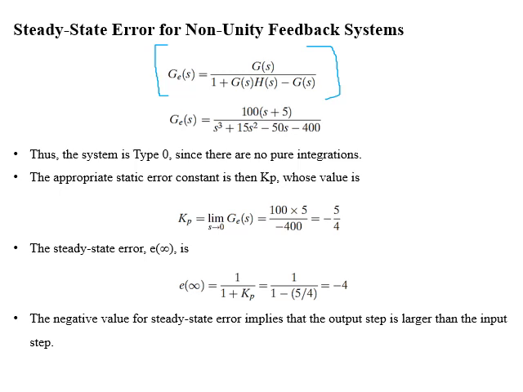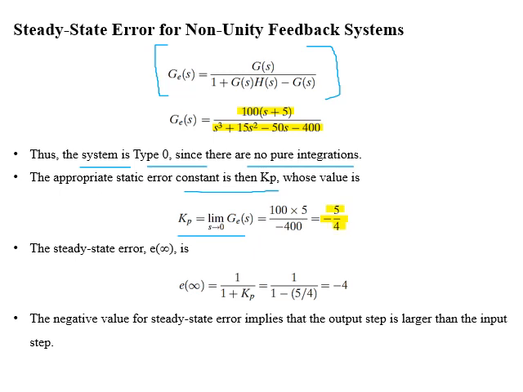If you analyze Ge of S, we don't have any integrator, so this is a type 0 system. And the appropriate static error constant associated will be the position constant, whose value will be limit S approaches 0 of Ge of S, and this will be equal to minus 5/4.